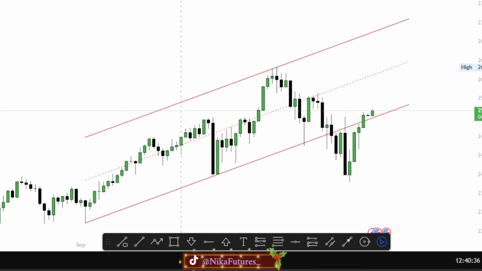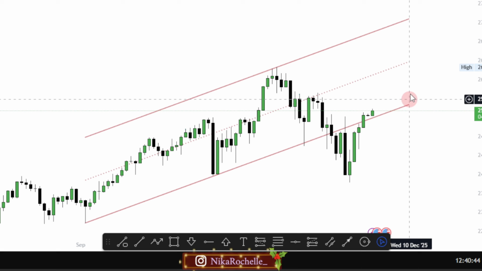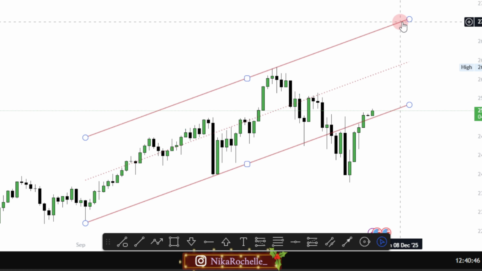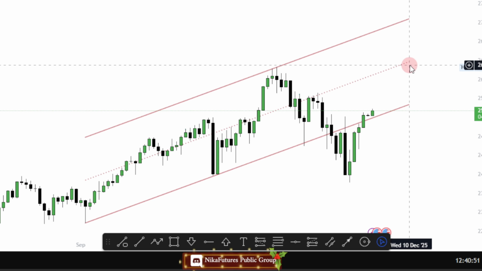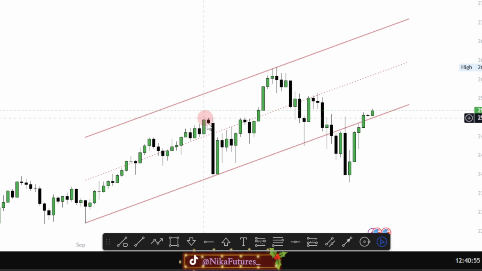What is a parallel channel? A parallel channel is simply two equidistant lines that contain price. One line shows support, the other shows resistance, and the center line shows the median flow. So think of it like a road that price is traveling on. It looks like a road, right?